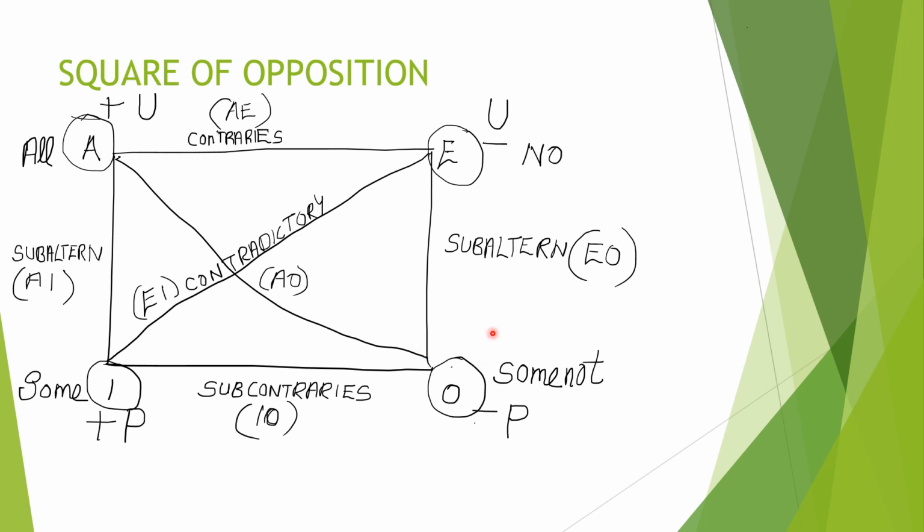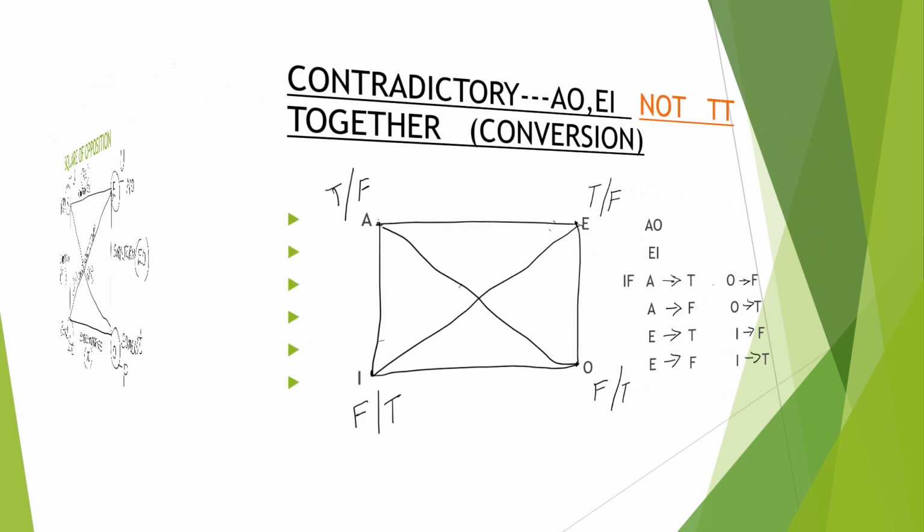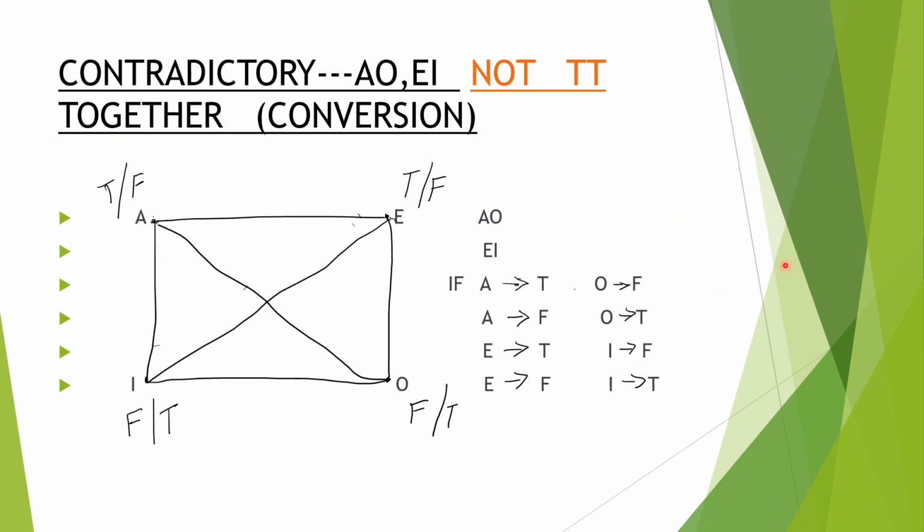Then we have to study contrary and contradictory. You have to learn this square of opposition by heart. Then only you are able to answer the questions related to it. First one we study is the contradictory. Contradictory means opposite.